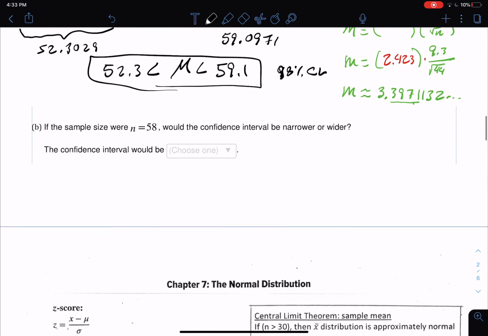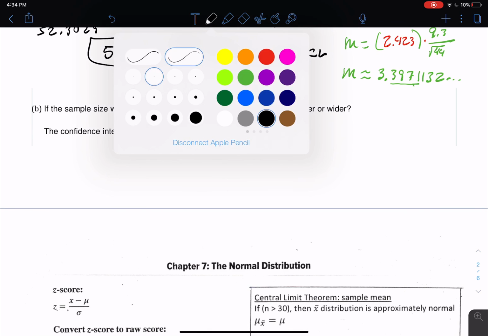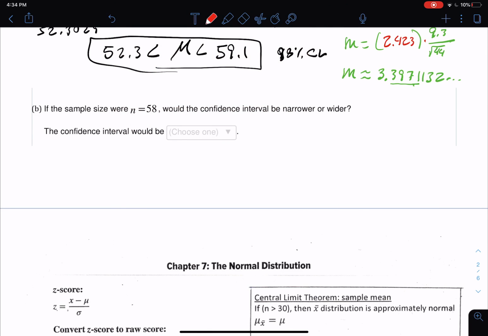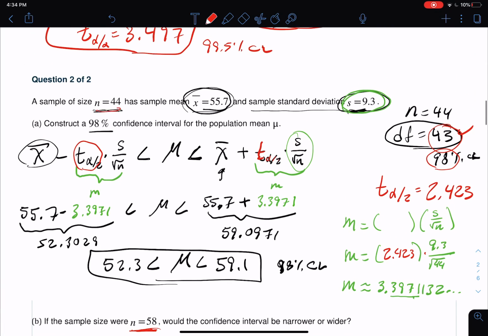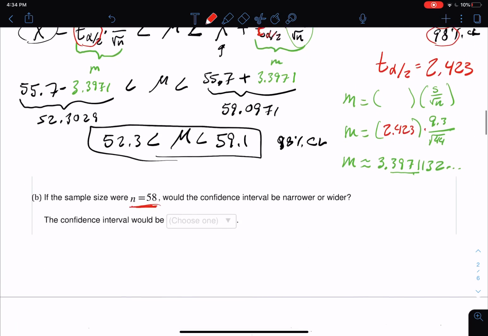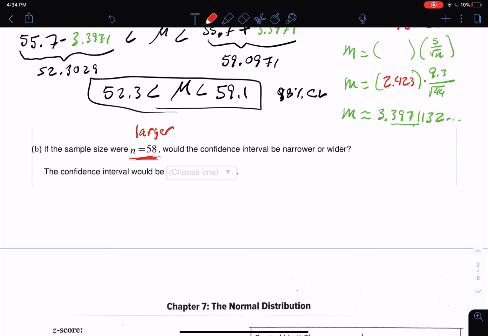So now let's finish this one up. This question says, if the sample size were 58, let's see, this problem had a sample size of 44. And so they're saying if the sample size was larger, would the confidence interval be narrower or wider?